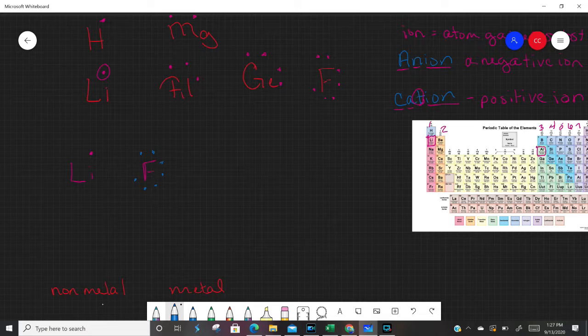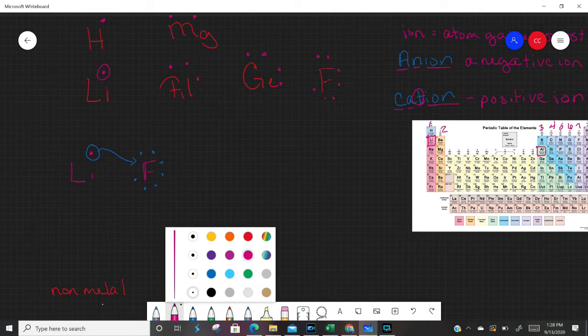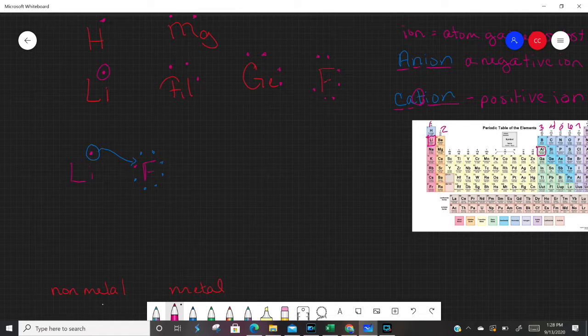Is it easier for lithium to give 1 or pick up 7? It's easier for it to give up 1. It takes less energy to give up 1 than to move 7 the other way. So the lithium is going to lose 1 and go here. Lithium has lost a negative, so it is lithium positive, and fluorine has gained it, so it is negative.